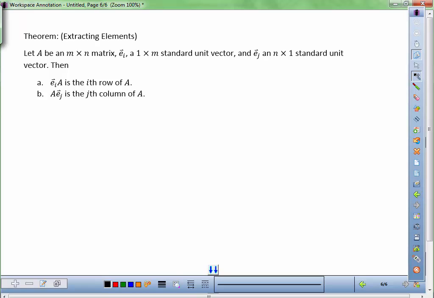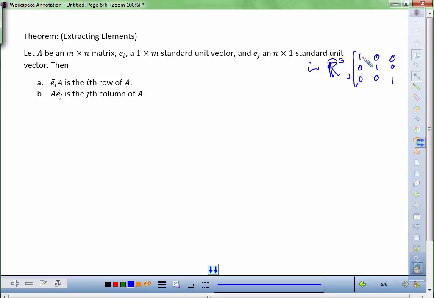So let's just say in 3D, the standard unit vectors are 1, 0, 0; 0, 1, 0; and 0, 0, 1.